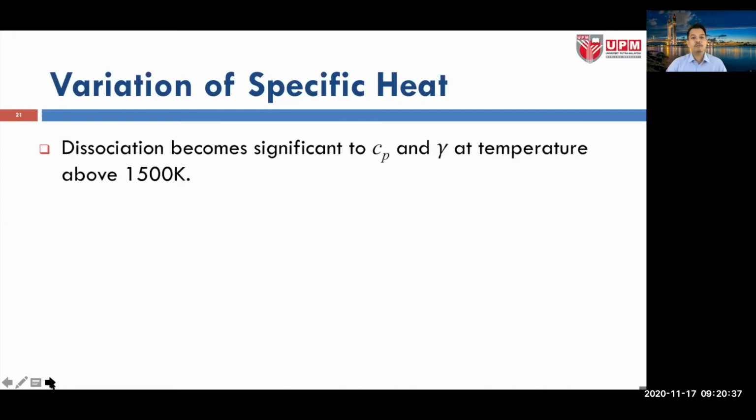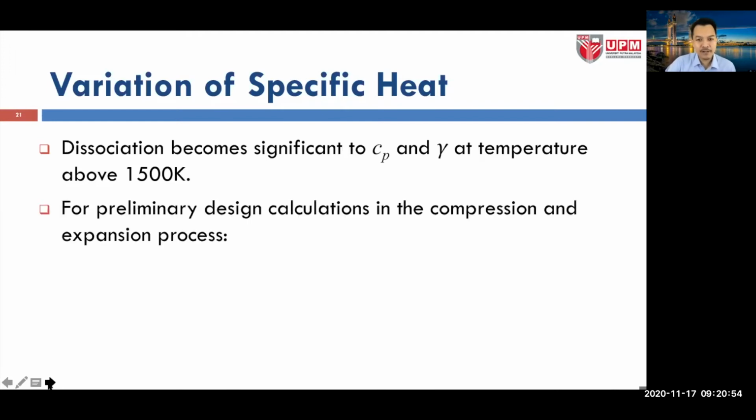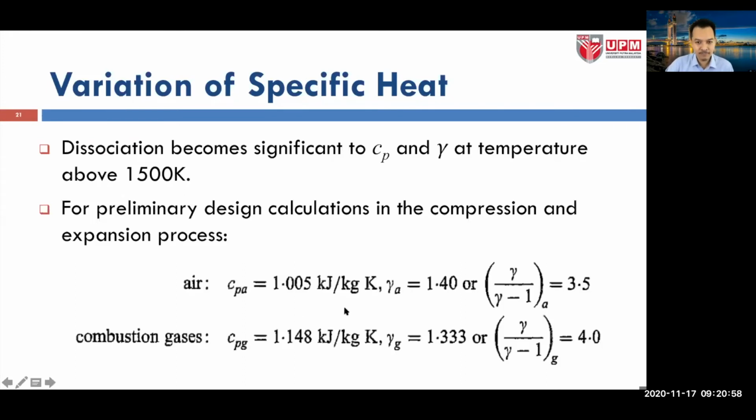Dissociation becomes significant when the temperature is above 1500 Kelvin, so it is very significant because it will depend on the pressure and the temperature. So for preliminary design in the compression and expansion processes, we will use constant values.